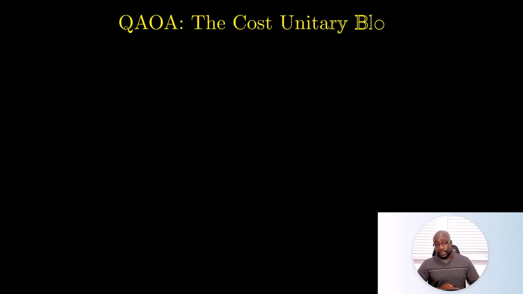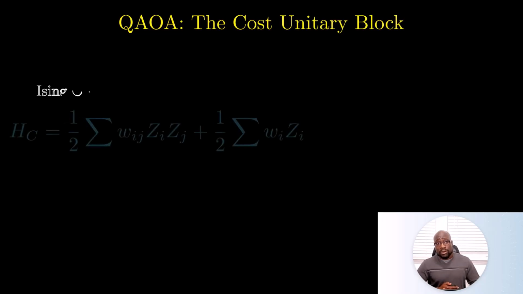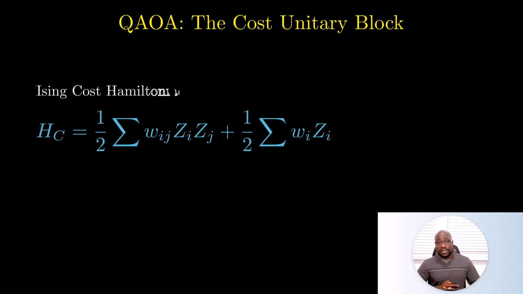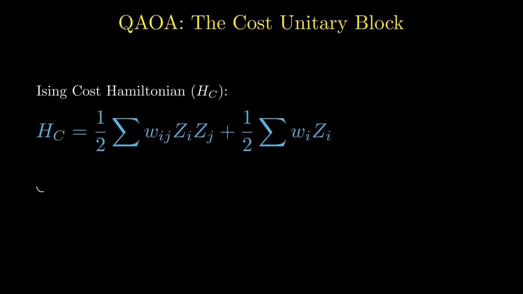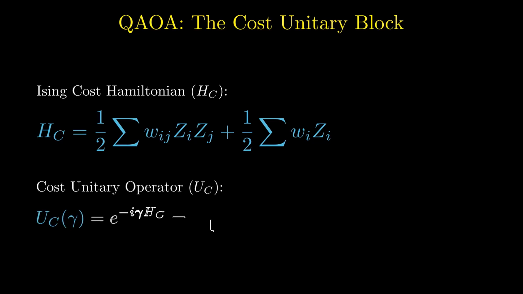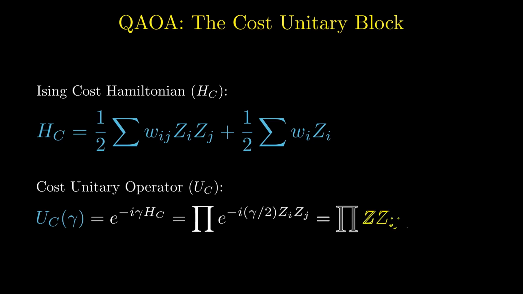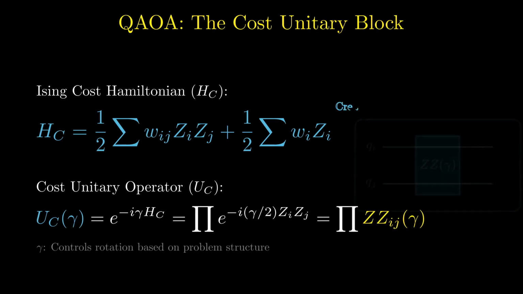Let's start with the familiar part, the cost Hamiltonian, which is HC. For MaxCut, this is the Ising Hamiltonian we have already seen before. The unitary block UC of gamma is given by this, where the product runs over all edges ij element of E. Here, ZZ of ij of gamma is a ZZ rotation gate, sometimes called the ZZ interaction gate, acting on qubits i and j.